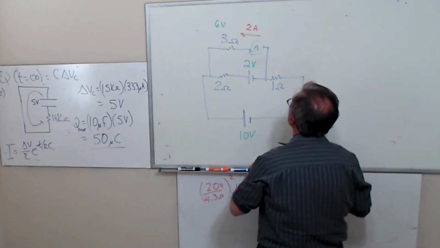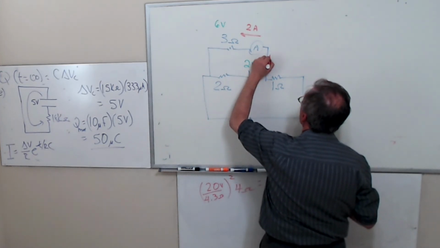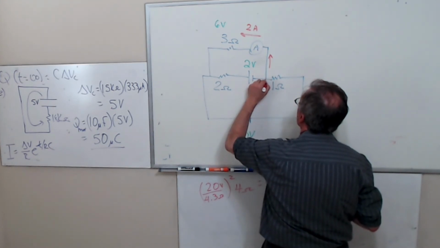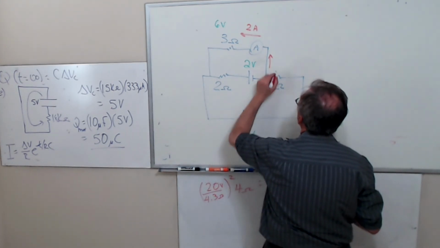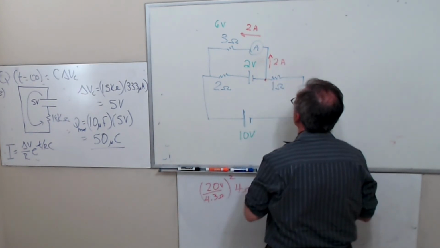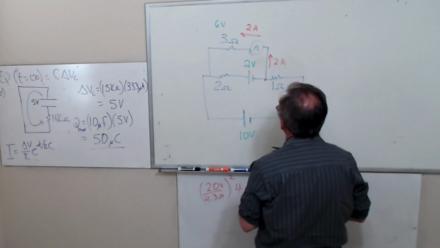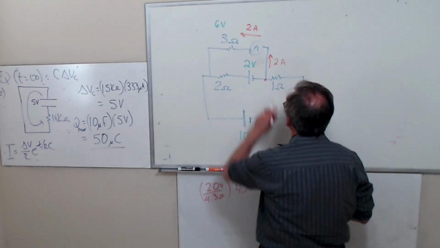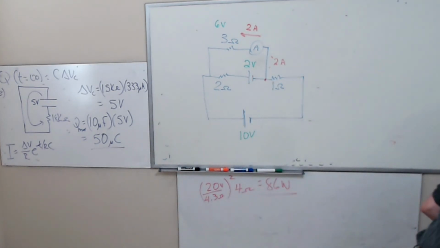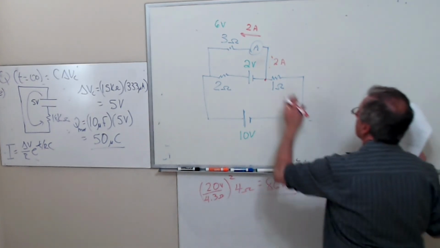So we have a current that goes this way, which is 2 amps. I think the arrow is pointing the other way. Oops. It's hard to see. Yeah, especially with someone like me. Okay.